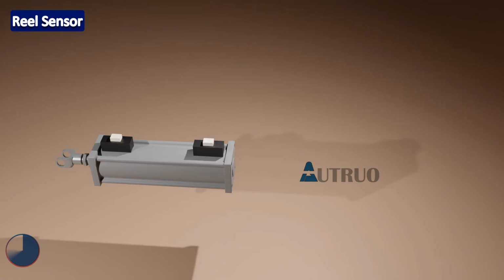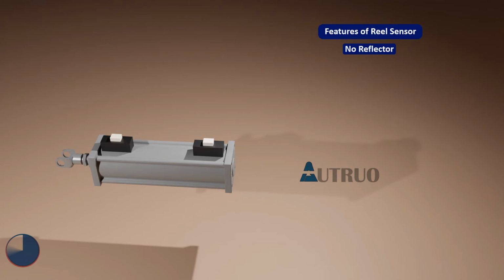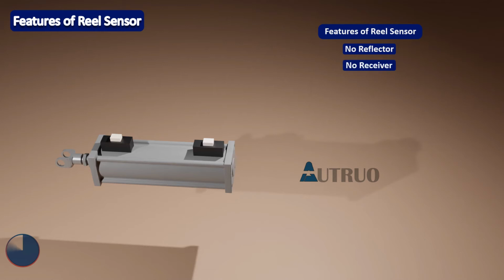This type of sensing device also comes with its own features. An example of such features is that it does not need another device, such as a reflector or receiver. So basically, the signal does not need to be reflected back off a reflector or be received by a receiver.